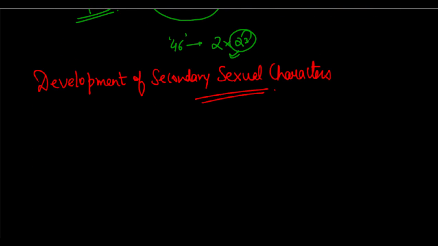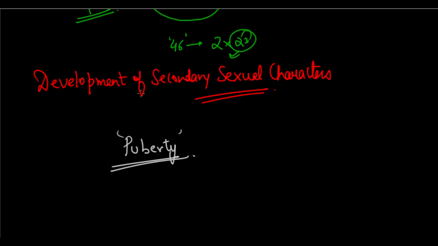And when the development of the secondary sexual characteristics starts, that stage and until the end of the development of the secondary sexual characteristics, this phase of development is known as puberty.